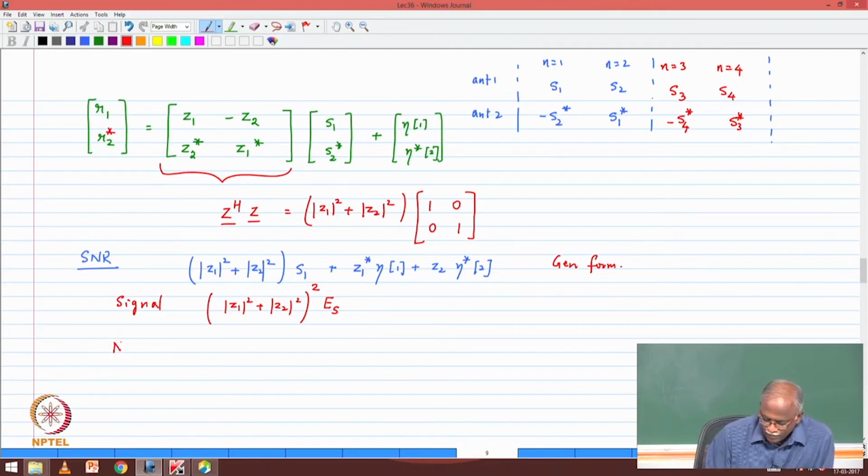What is the noise component? Noise component, it is sigma n squared, that's the noise term, but because you multiplied it by mod Z1, I have to scale it by mod Z1 squared. The variance will go by the magnitude squared. And similarly, there's a second noise term, sigma n squared mod Z2 squared. That would be the effective noise variance.